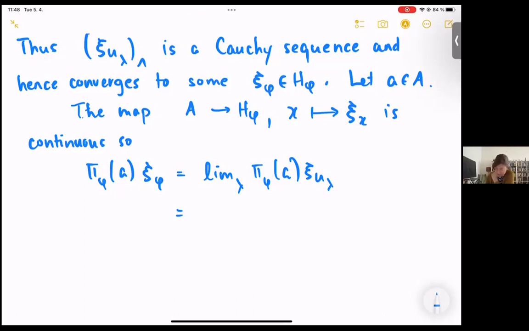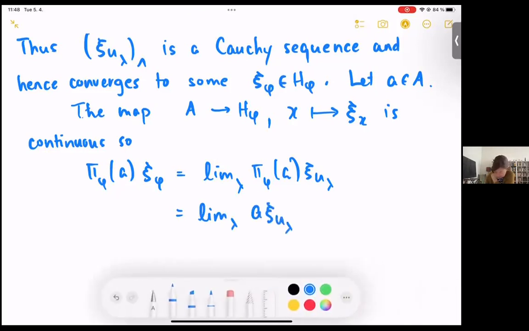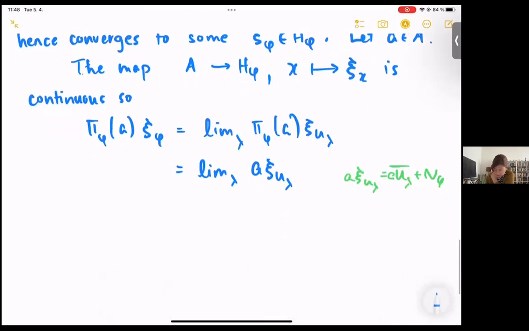And we know that pi phi of a just acts as multiplication. So remember that these psi lambdas are really just, we're multiplying a here, and now this is a limit, and this is an approximate unit.